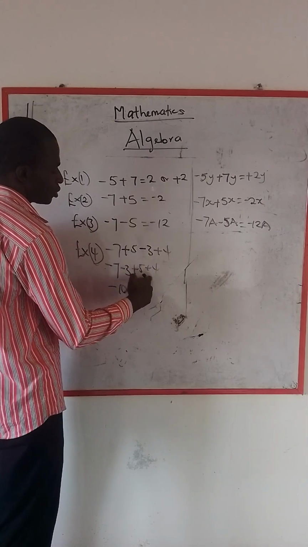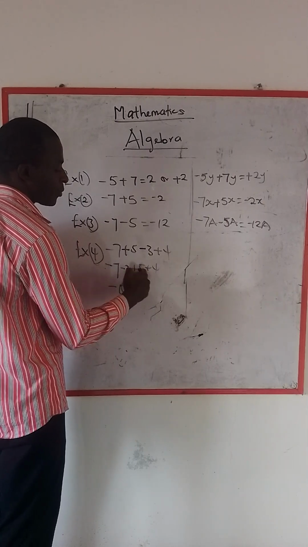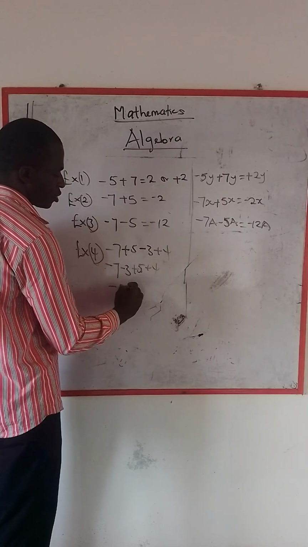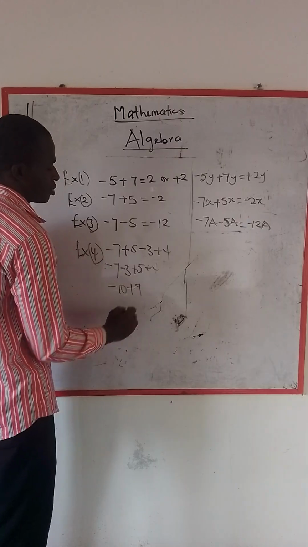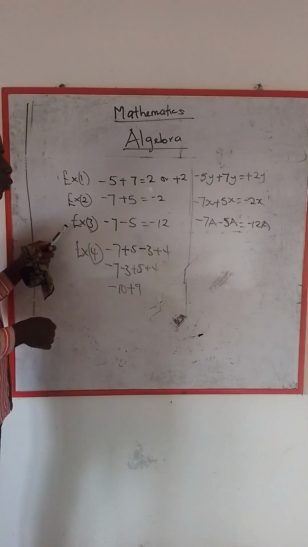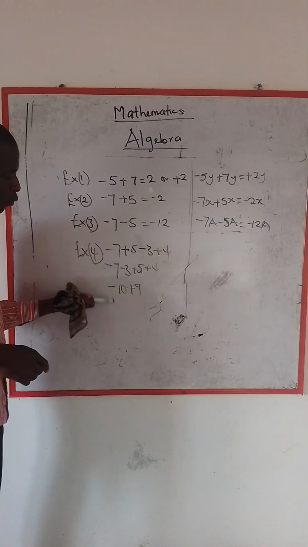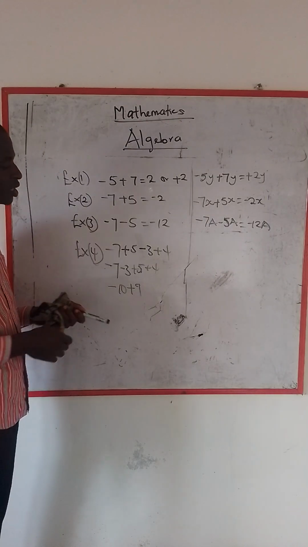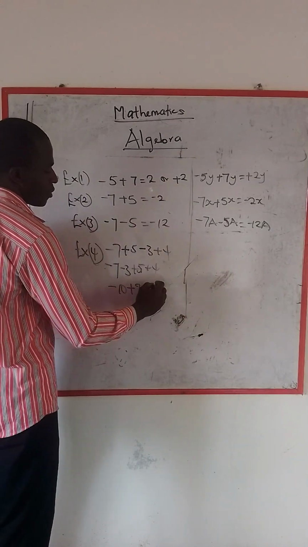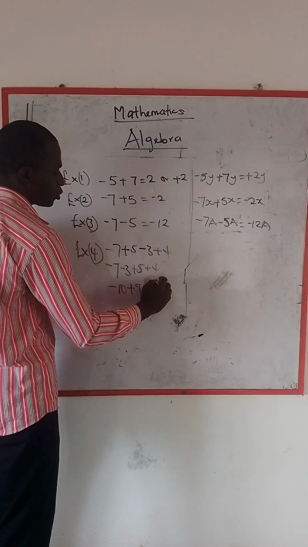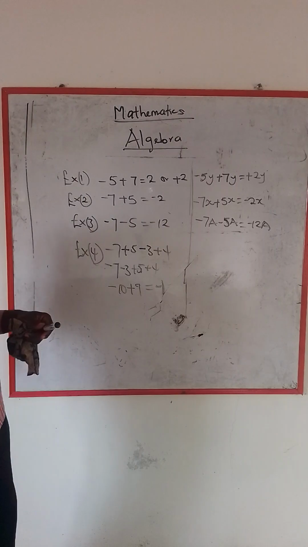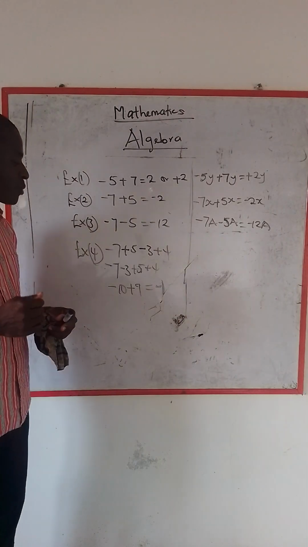Then here, I'm having 5, I'm also having 4. I'm going to have what? 9. So going by what we started with, I am going 10 and I'm having 9. At the end of the day, I'm going to be going 1. So it's going to be minus 1.